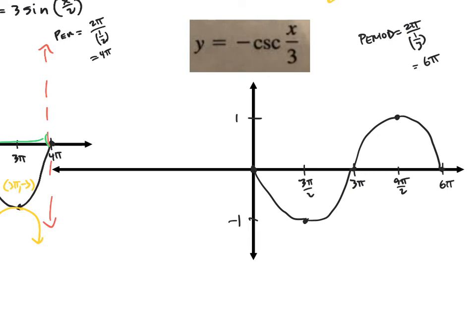All right, asymptotes. Let's sketch them. Here we go. And there you go. Now, again, a little kiss there at 3 pi over 2, -1, and another there at 9 pi over 2, 1.